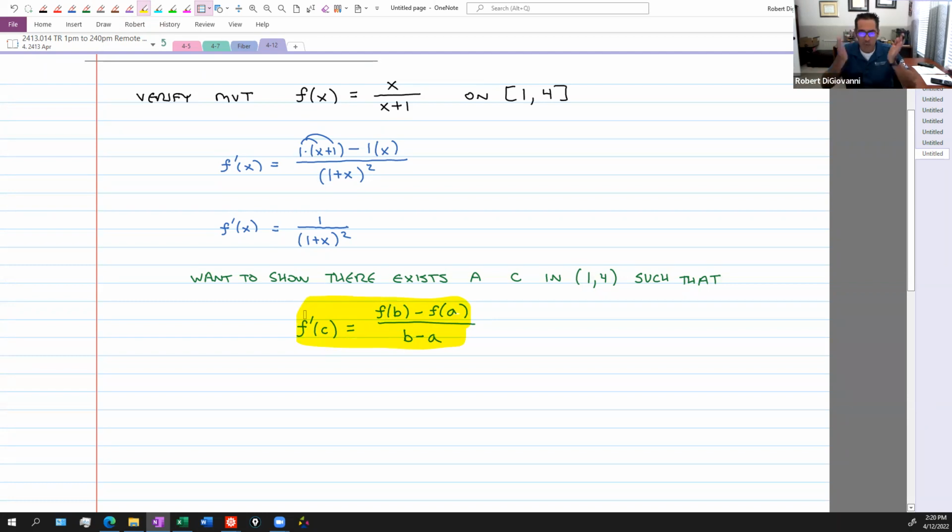So I need f prime of c to be equal to, for us, a is 1 and b is 4, so f(4) minus f(1) over 4 minus 1.